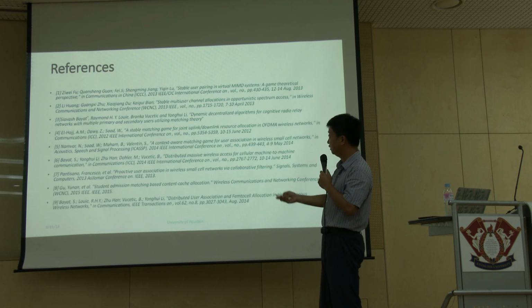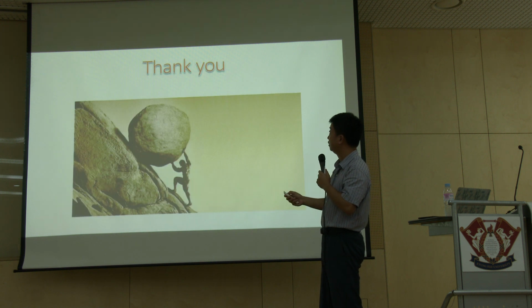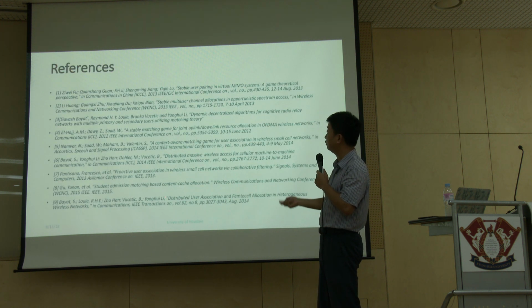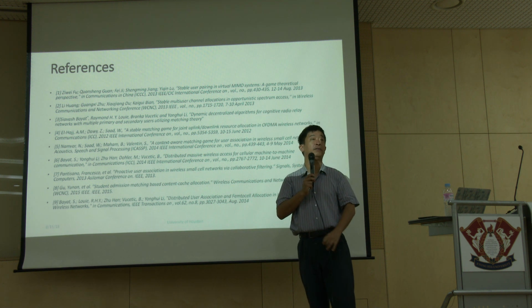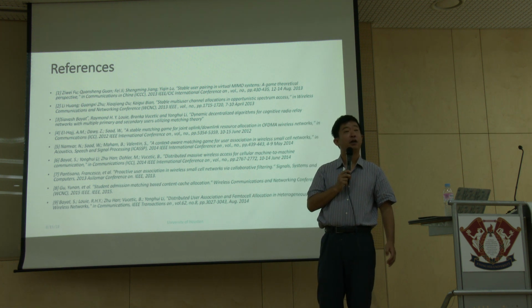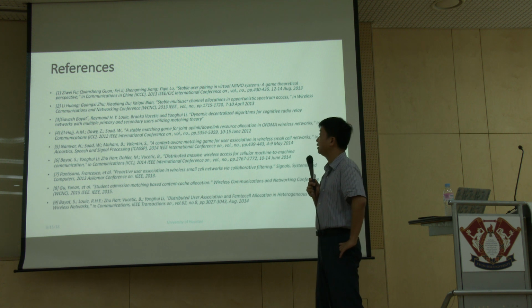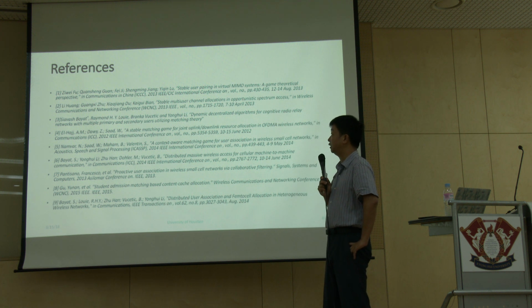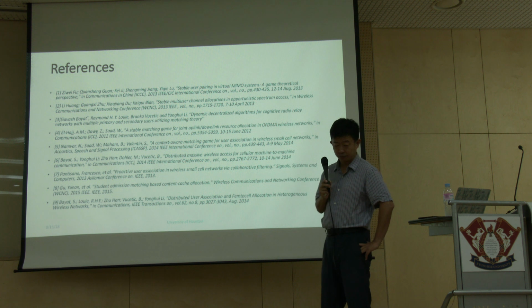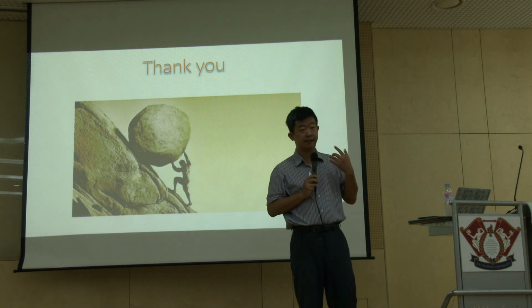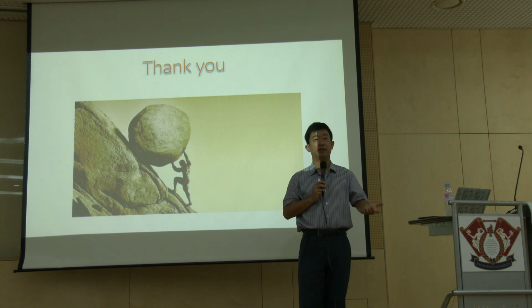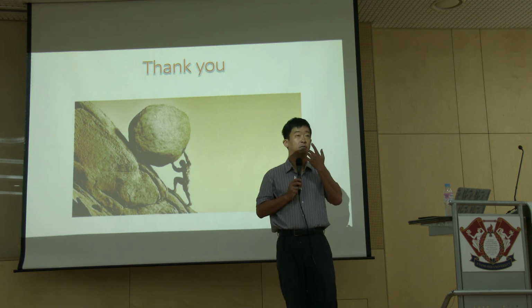Anyway, here are the references, and you can see that there are many papers recently on matching theory, and it can combine with many different things. I feel that matching is a good solution that you can combine with many things, and the complexity is low.